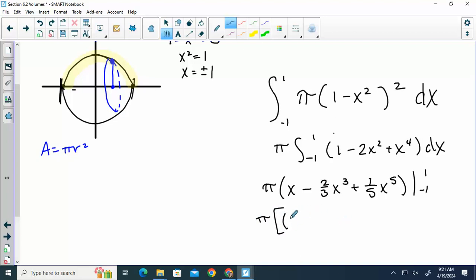If we plug in a 1, we get 1 minus 2/3 plus 1/5, minus, we put in -1, we get -1 plus 2/3 minus 1/5.